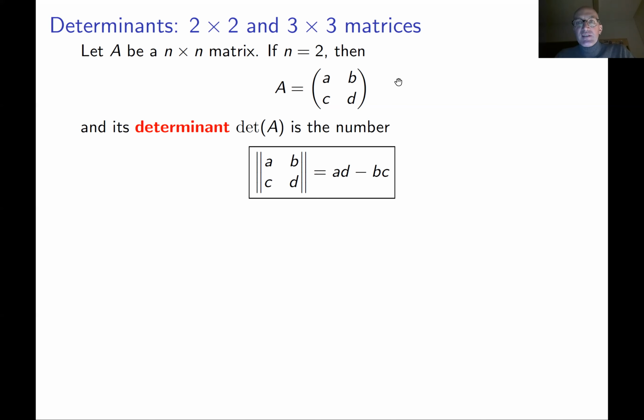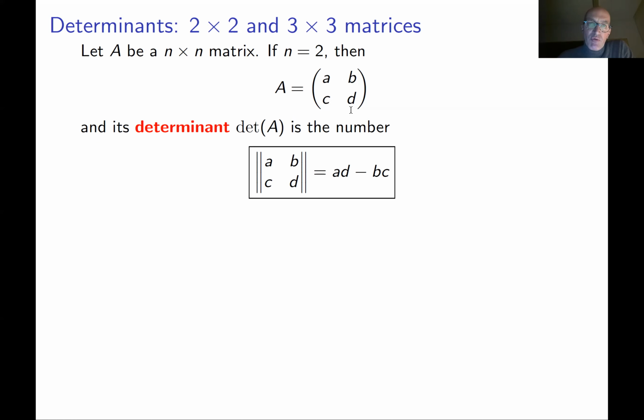So my advice, when you see a 2 by 2 matrix a, b, c, d like this, is to immediately, if you can, compute its determinant. So this ad minus bc should be basically subconsciously computed every time you look at a 2 by 2 matrix.